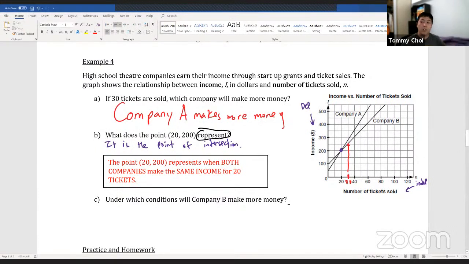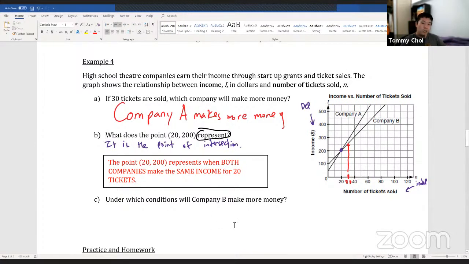And yes, you can argue that obviously that's what point of intersection means, but I want you to communicate that to me. If someone asks you what that means in this situation, it means that both companies make the same income for 20 tickets. That's the explanation we want. So Gerald and Milana are right, but it's not exactly what I'm looking for here. A little bit tricky.